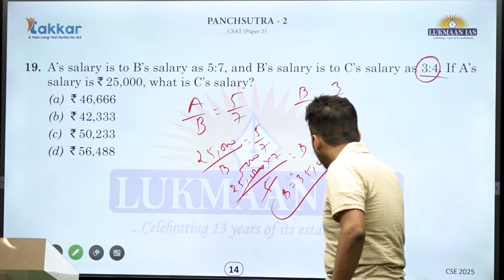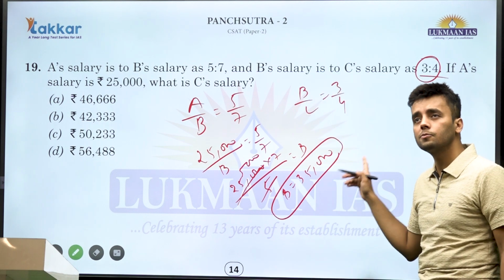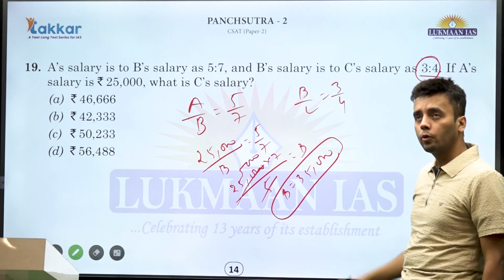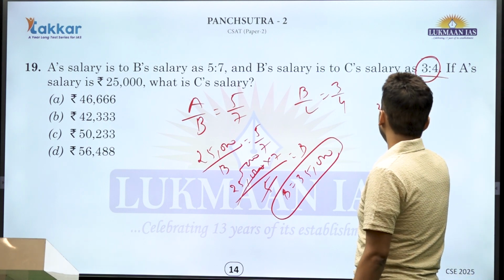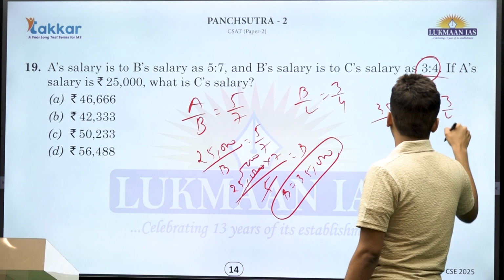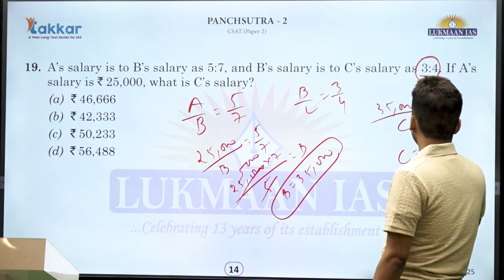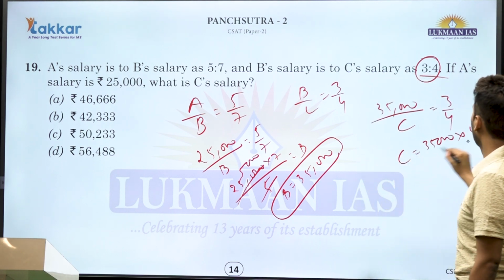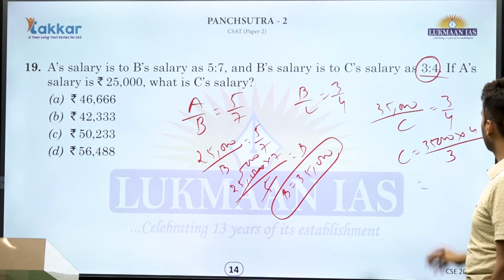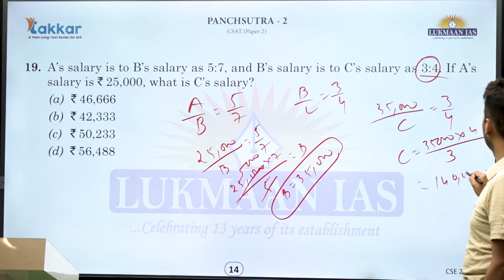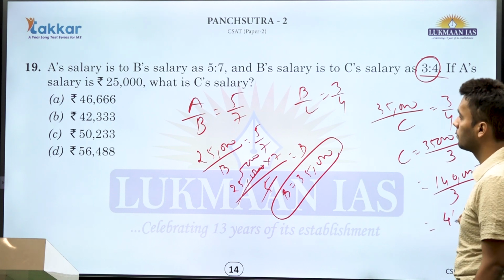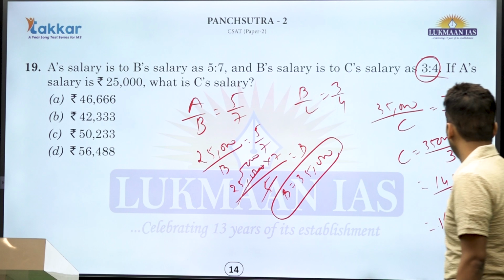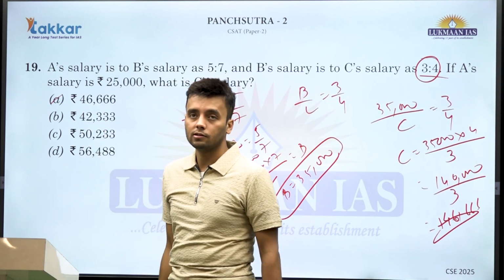Now since we have B's salary as 35,000, we can substitute the value of B in this equation to get the salary of C. 35,000 by C is 3 by 4, so C is 35,000 into 4 by 3. What is the value? This will be 1,40,000 by 3, which is 46 something, 46,666. A is the right answer.